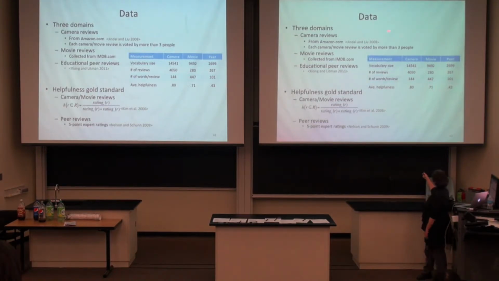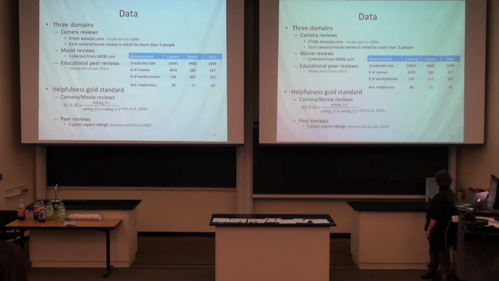And you can see here some descriptive statistics. The camera review corpus, which was from the literature, from Amazon, is much bigger. Peer review is typically small because classes are small, particularly ones that involve writing assignments. And the movie review corpus we created ourselves, to be the same size as the peer review, just to control for corpus size.